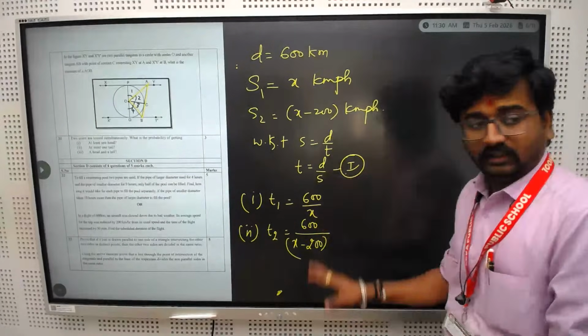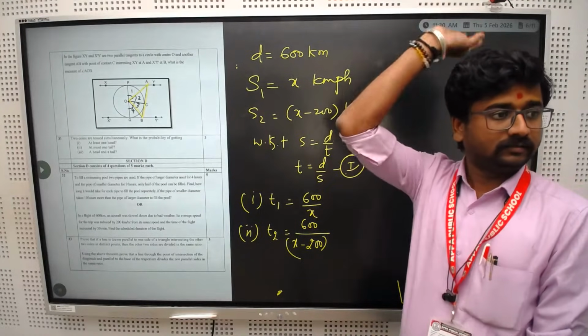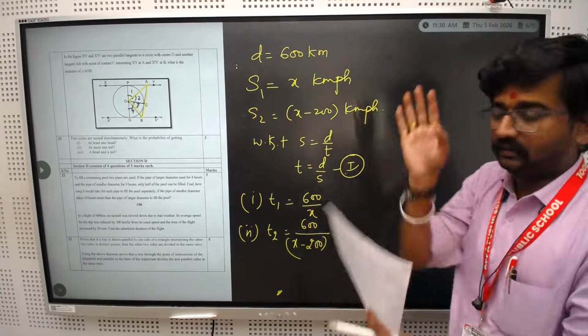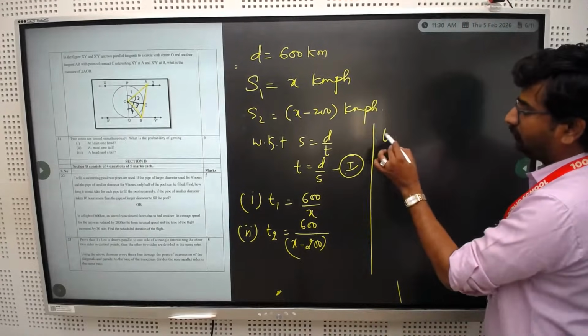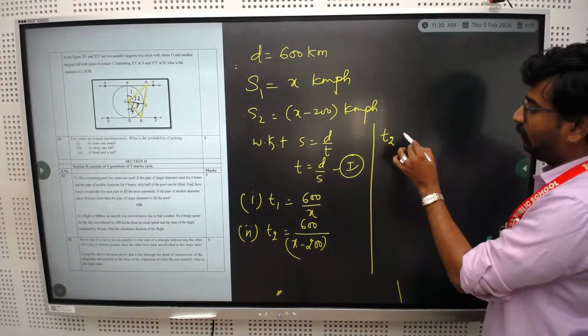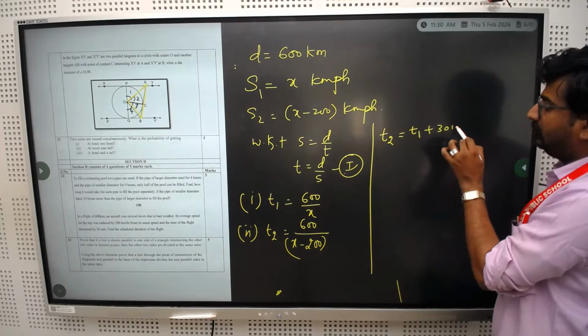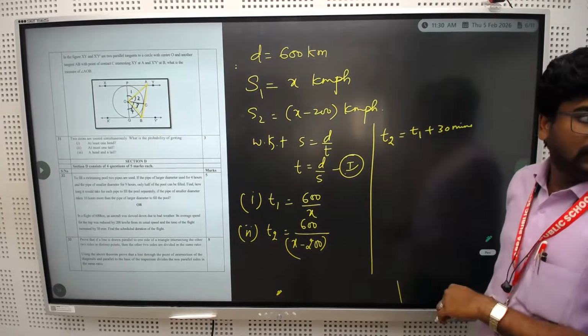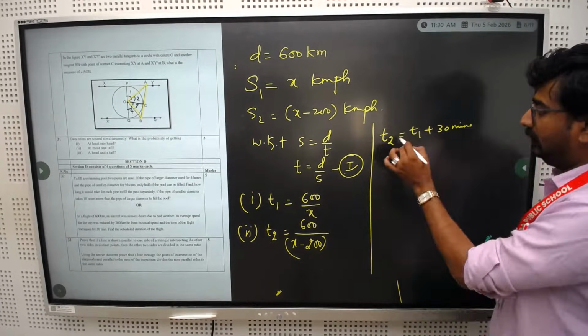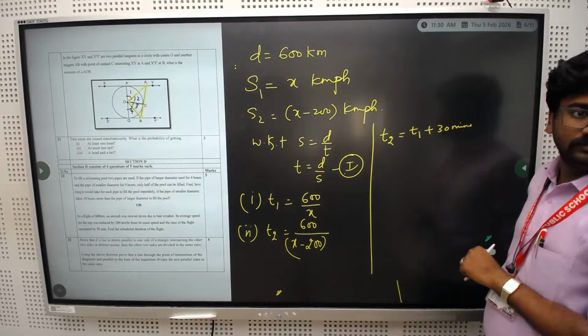When you are reducing speed, it is taking more time. So T2 is equal to T1 plus 30 minutes.